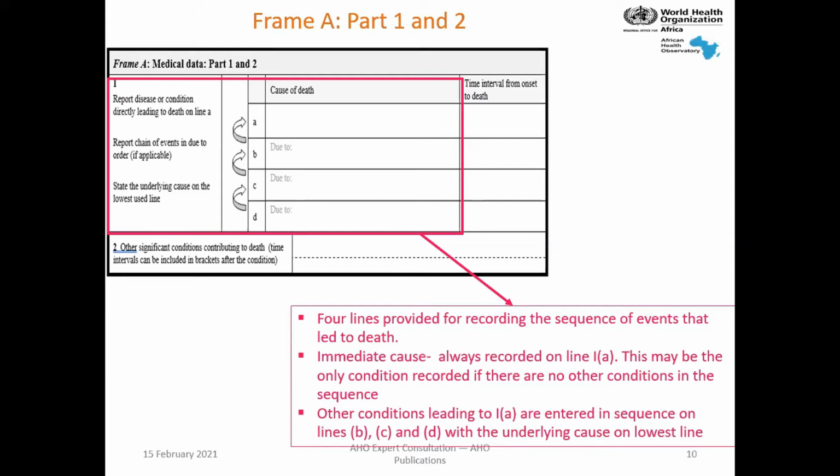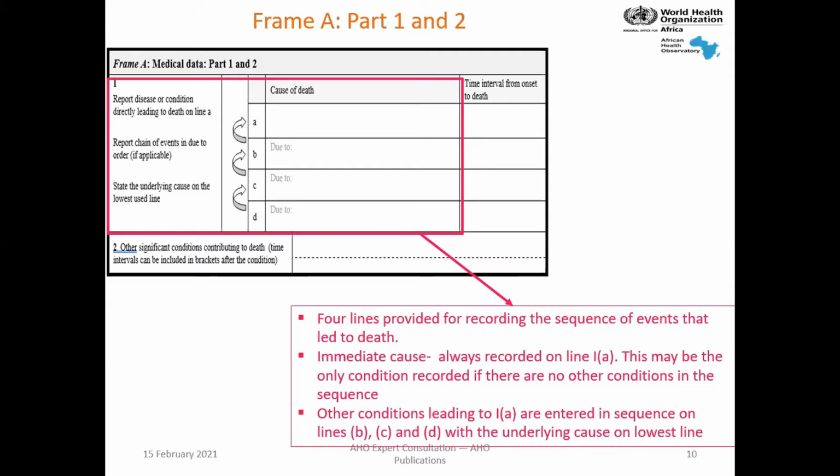There are situations where only one condition is recorded in line A, and that condition cannot also be the underlying cause of death. For instance, if you record severe hemorrhage as the cause of death for a mother, severe hemorrhage cannot be the underlying cause of death.